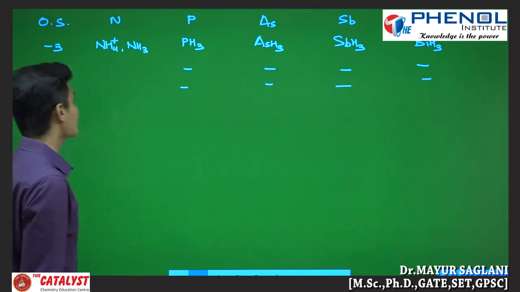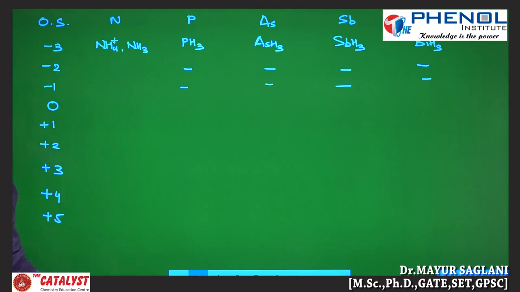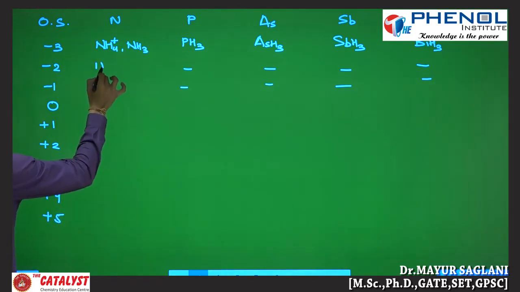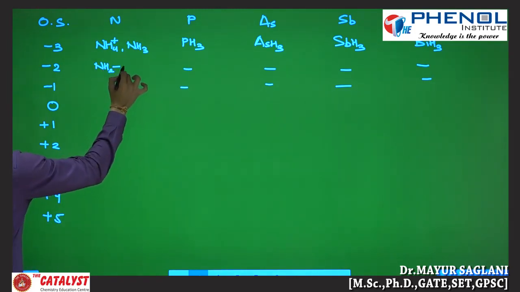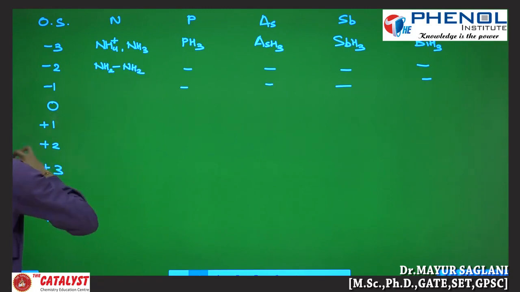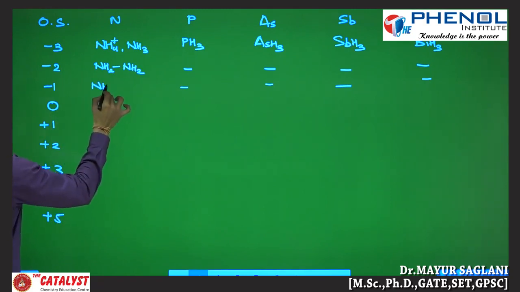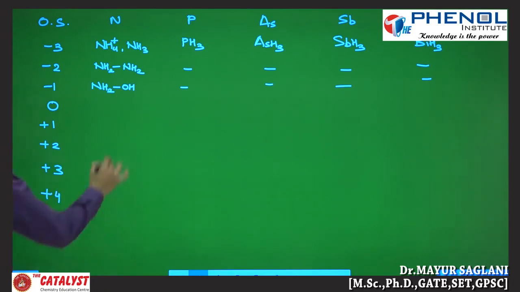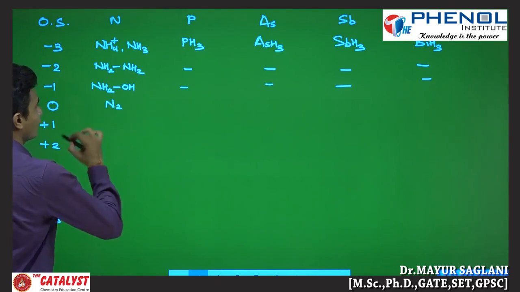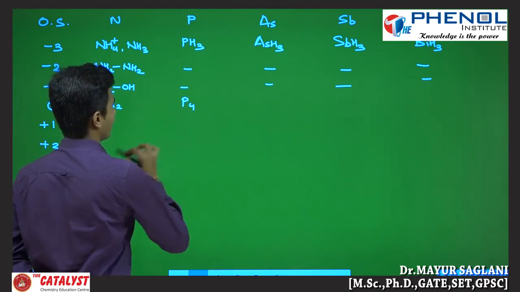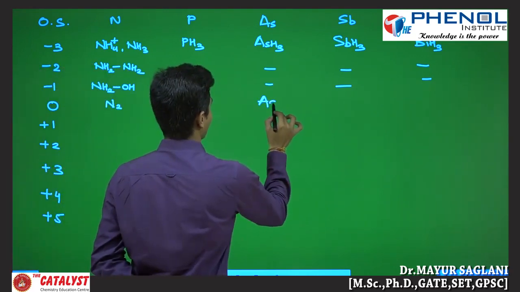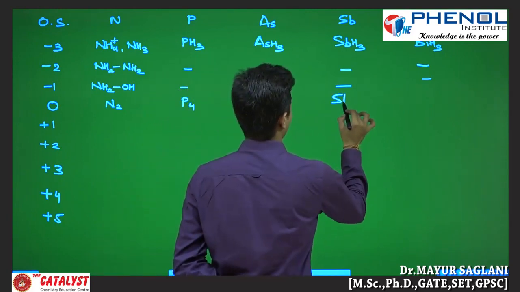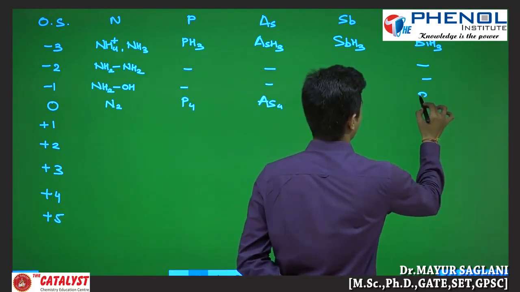But nitrogen shows the -2 oxidation state in hydrazine, N2H4, and in hydroxylamine, NH2OH, it shows the -1 oxidation state. For 0: N2, P4, As4, Sb4 and Bi.